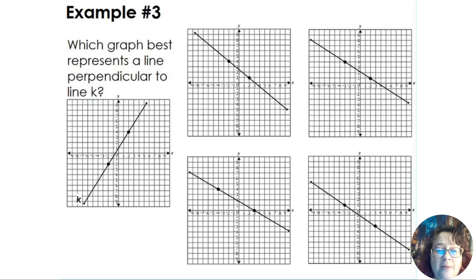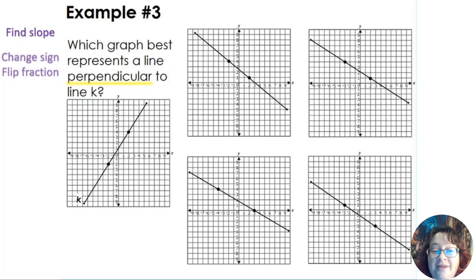Which graph best represents a line perpendicular to line K? Again, I underline my important words. Perpendicular is important. Perpendicular means I find my slope, and then I change the sign and flip the fraction. Here, I have points on the graph. I'm just going to use the graph to find my slope. Before I know what the perpendicular slope is, I have to find my original slope.